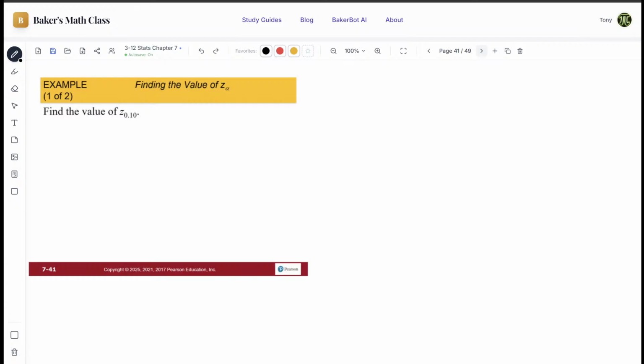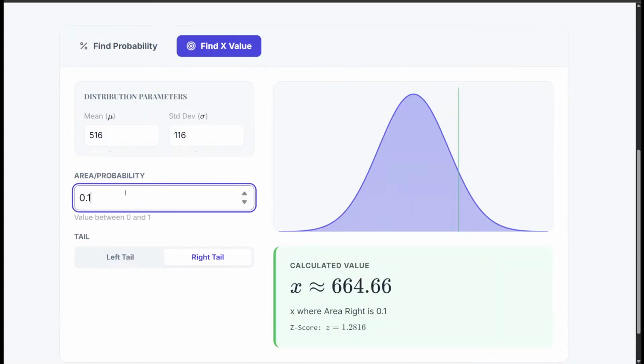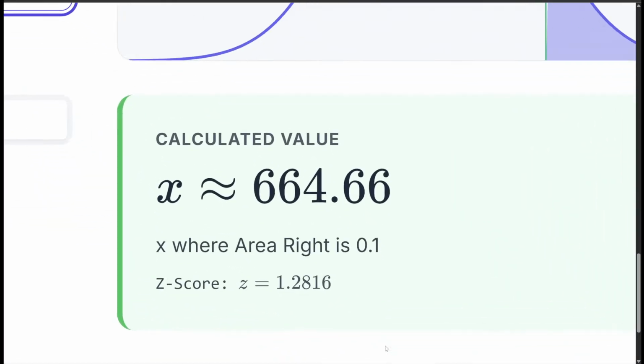So if I want to find the value of Z with a 0.1, now I can use this calculator to do this. If I do the 10 there, the right tail, the answer they want is the Z-score.